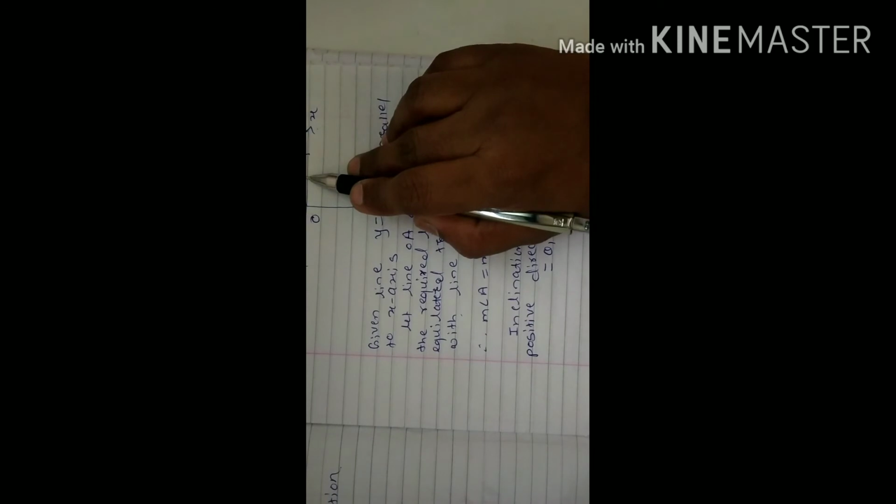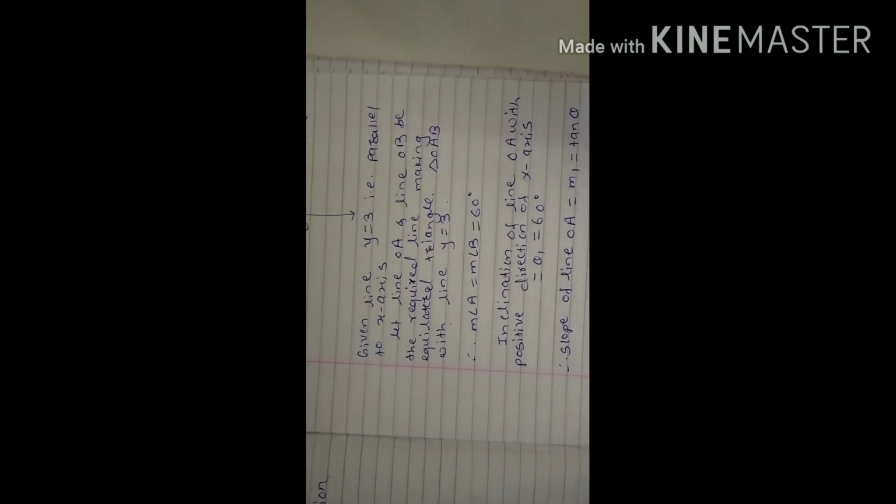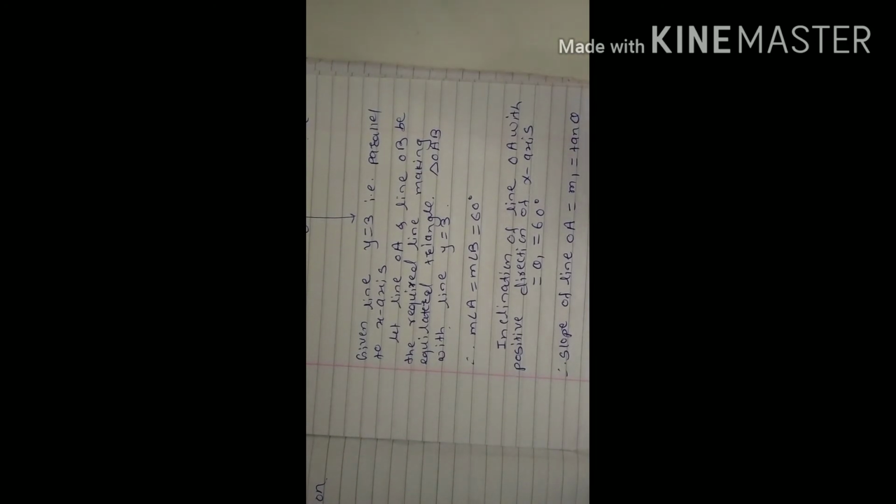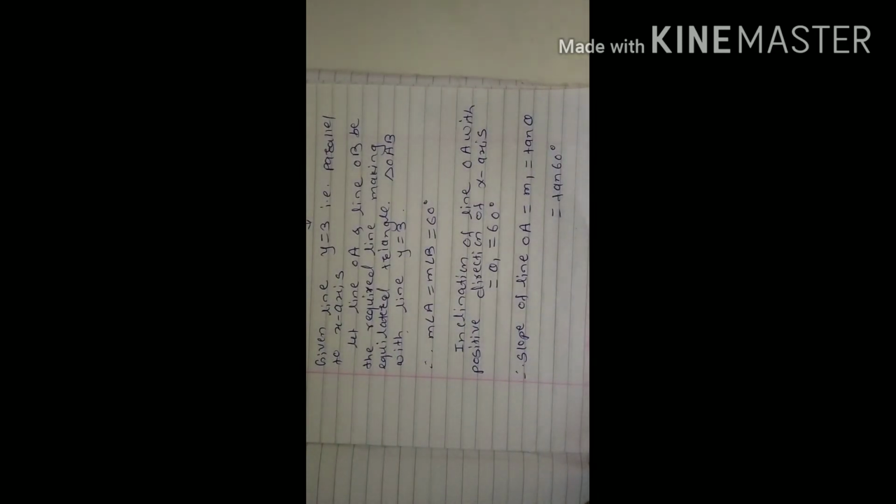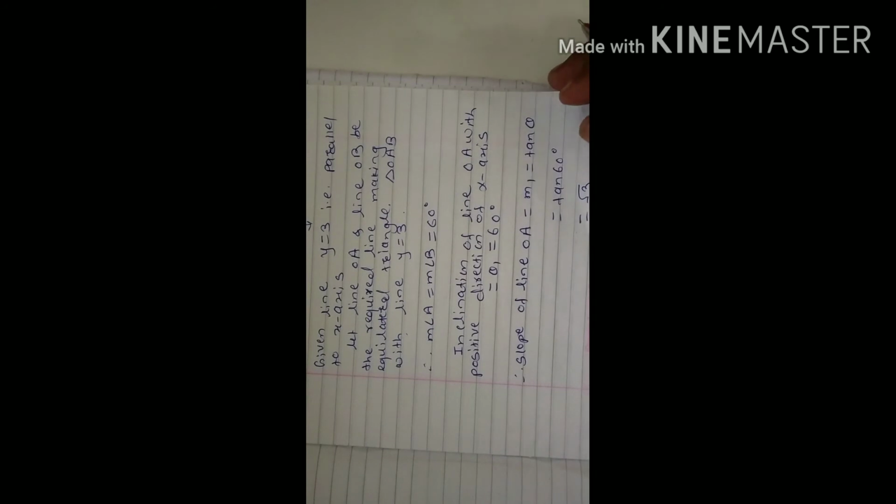Therefore, the slope of line OA is m1 is equal to tan 60 degree, and the value of tan 60 degree is root 3. Therefore, the slope is equal to root 3.